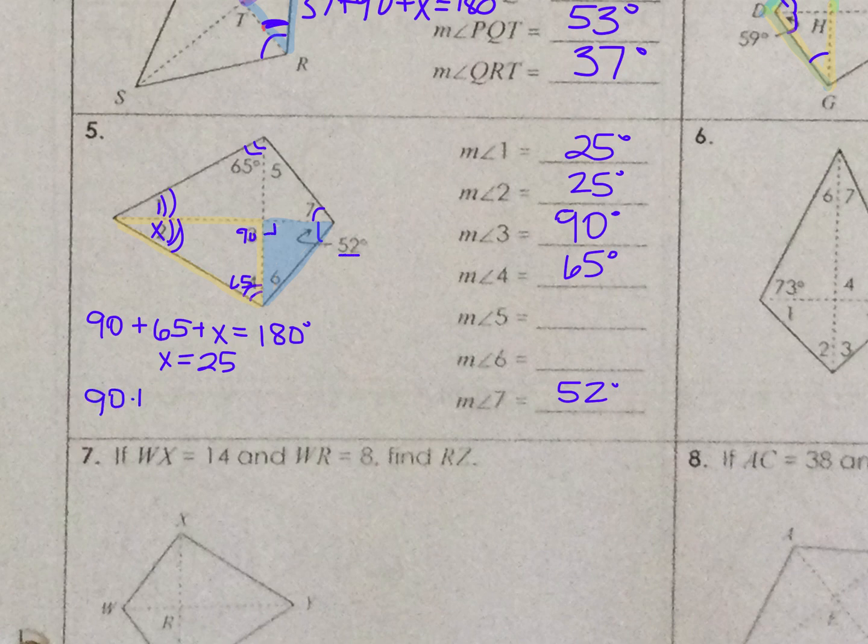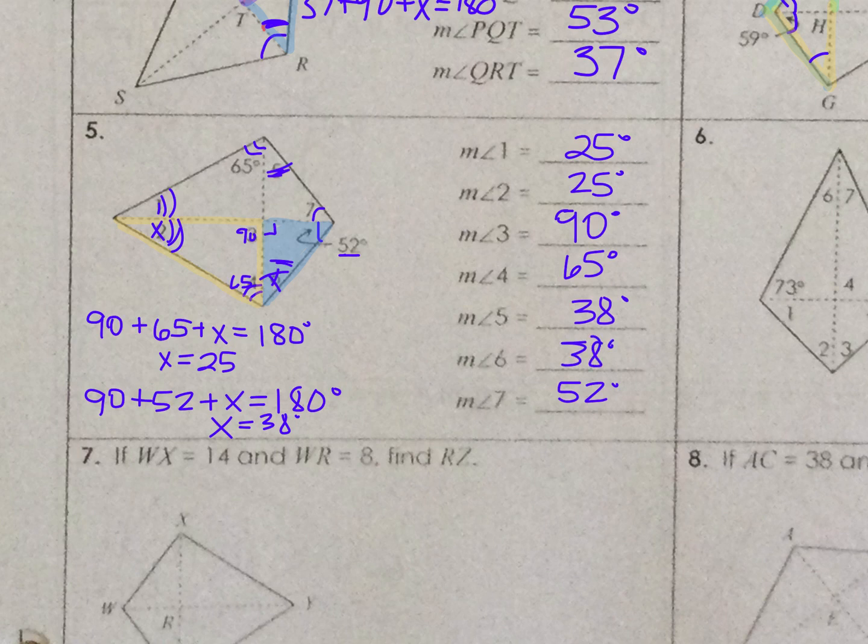One part is 52, and we don't know what the 6 is, and we know the whole triangle is 180. If we solve that one this time, we get x is 38. So 38, and we know that 5 and 6 right here are the same, so they're both 38 degrees.